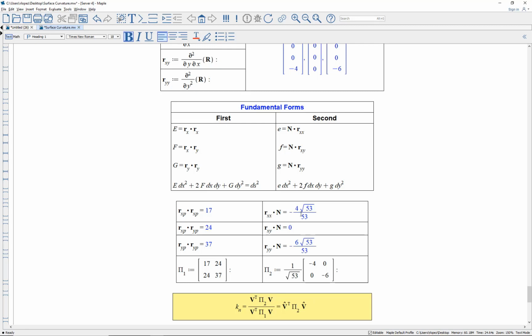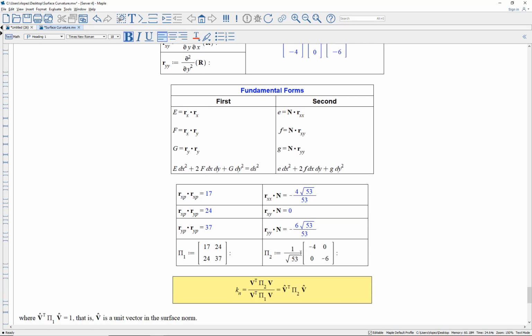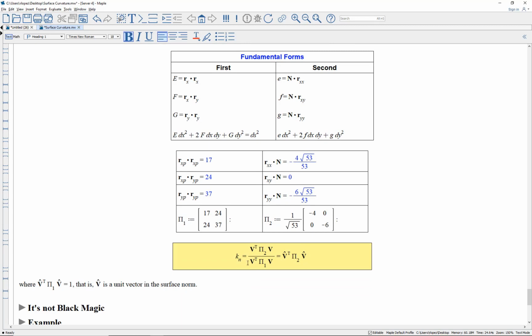It has these numbers. On the diagonal, -4, -6. And out front, 1 over the square root of 53. And it turns out that the normal curvature is the ratio of these two quadratic forms.